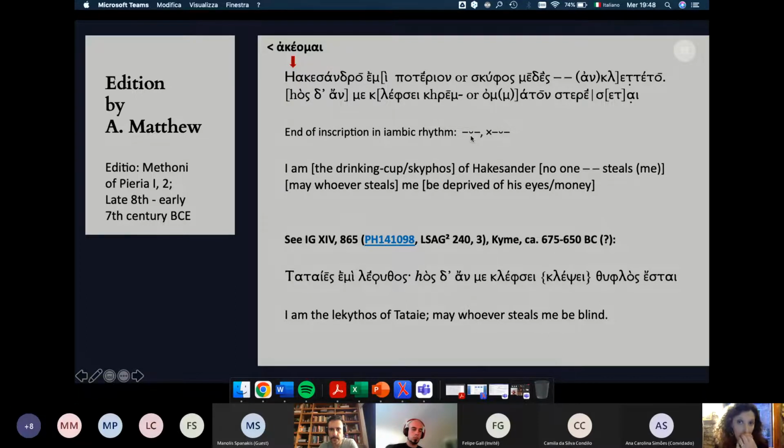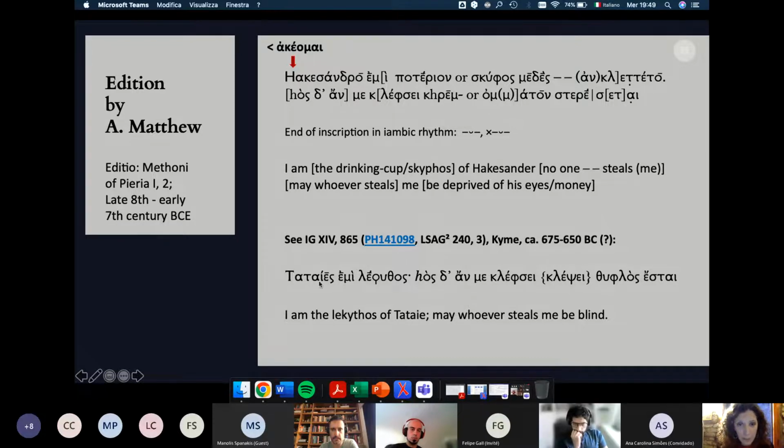There is a lost part here, of Akesandros. And then there is another big lacuna, but it finishes with the aton, stere, and is visible as sigma. So the reconstruction is based on a comparison with other similar texts.